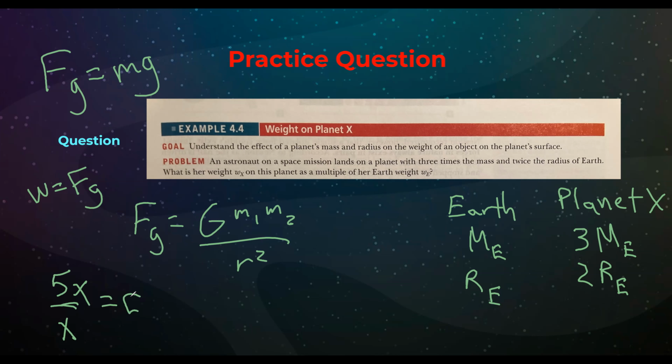That's your ratio. Same thing here: you're doing Fg of x over Fg of the Earth. Fg of the Earth is the same thing as W sub e, and Fg of x is the same thing as W sub x, because weight and force of gravity are the same thing.